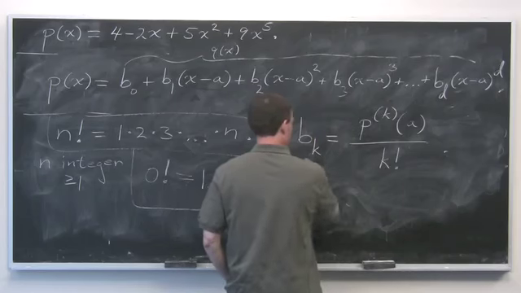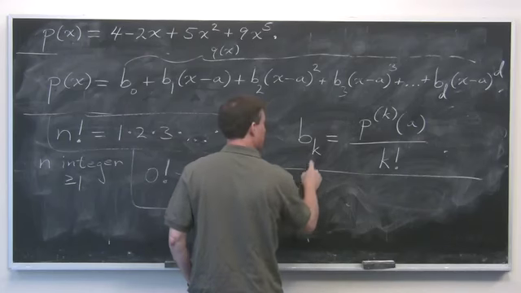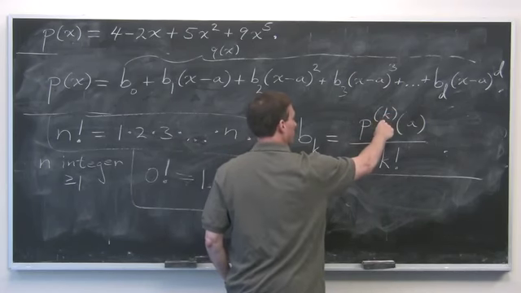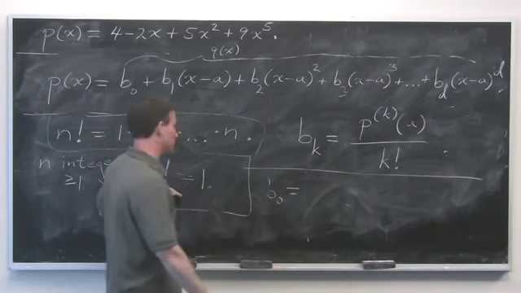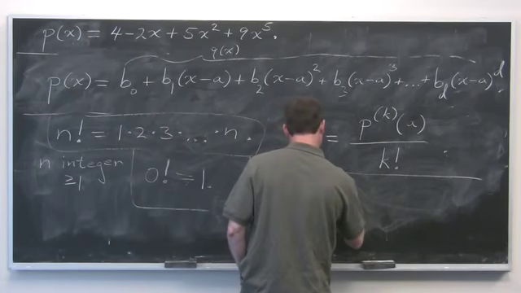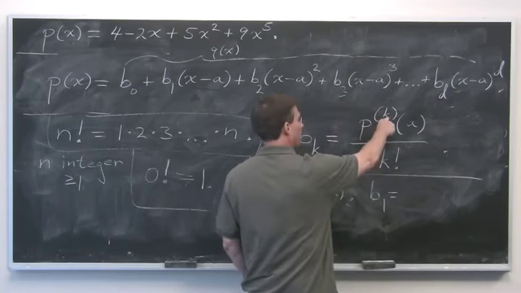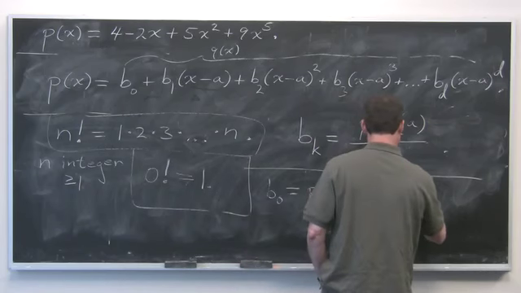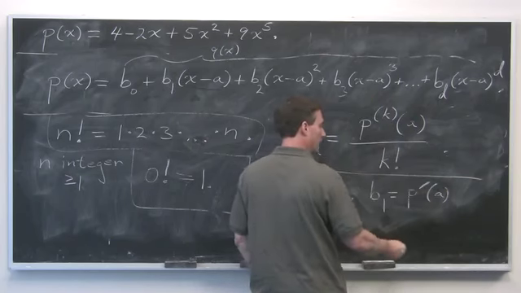So, for instance, this gives us what we were seeing. When k is 0, the 0th derivative of p means just p. So you get p of a divided by 0 factorial. 0 factorial is 1. So you get just p of a. b sub 1 is, this says it would be the first derivative, which we would normally write with a prime, divided by 1 factorial, but that's 1.